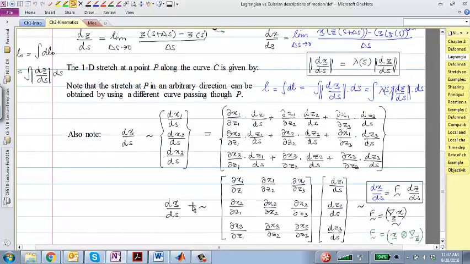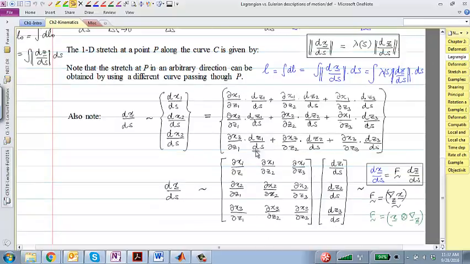We came up with this long expression, which I just pointed out was just a chain rule. And that brought us to this tensor F that we created. These are the components of the F tensor. These are the components of the undeformed tangent. This is the deformed tangent.